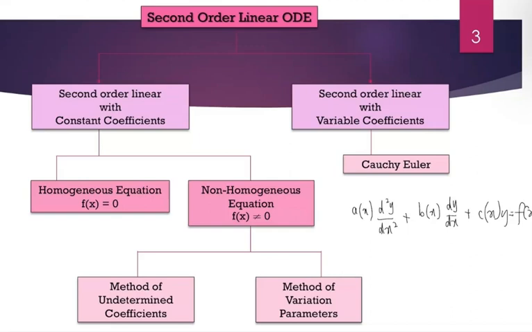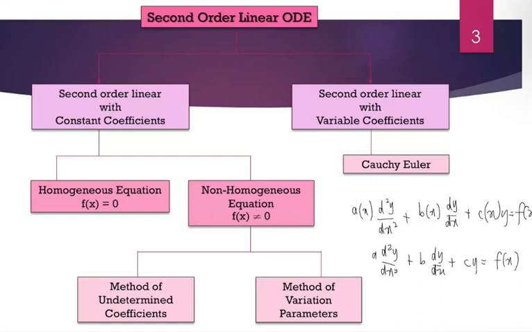Now, if our a(x), b(x), and c(x) are constants, then we may write this as a d squared y over dx squared plus b dy over dx plus cy equal to f(x).